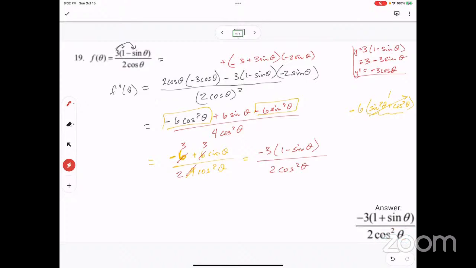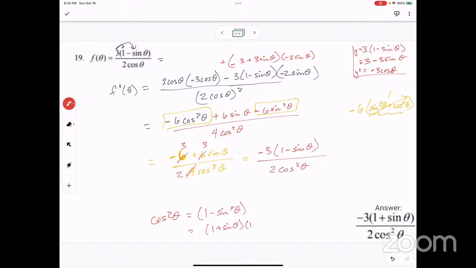Oh, no worries. Let me see if we might even be able to simplify that more, because cosine squared theta equals 1 minus sine squared theta, right? Which means it equals 1 plus sine theta.